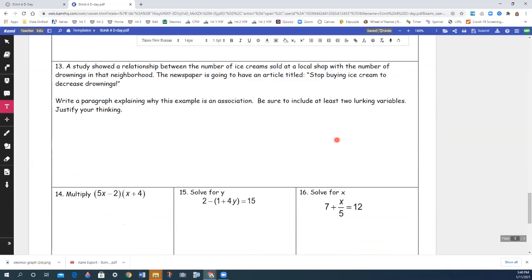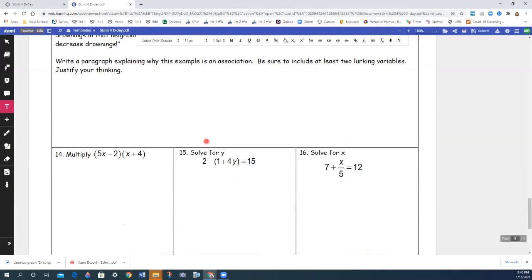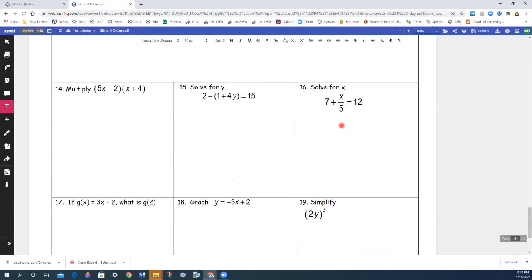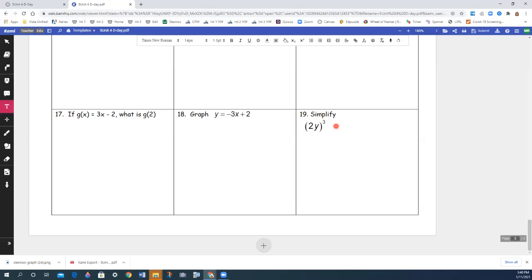Here we're talking about correlation and causation. I had a little video I played for you guys the other day that says ice cream kills. More review, again, area model, solving for y, fraction busting, more graphing, and then more laws of exponents.